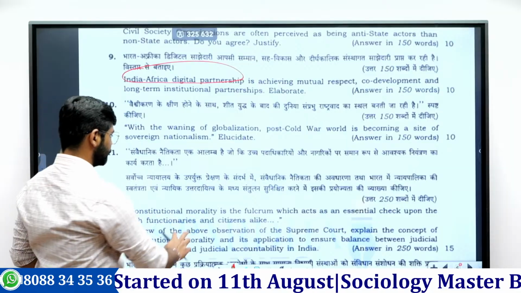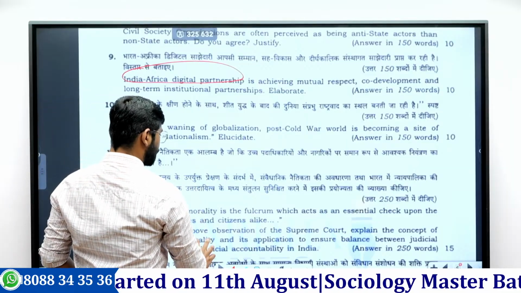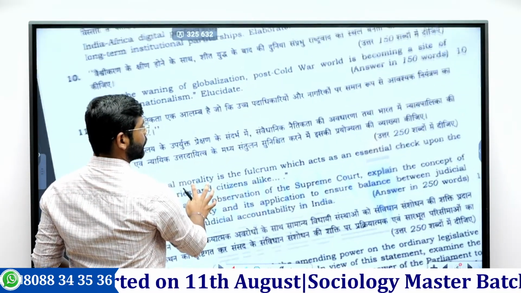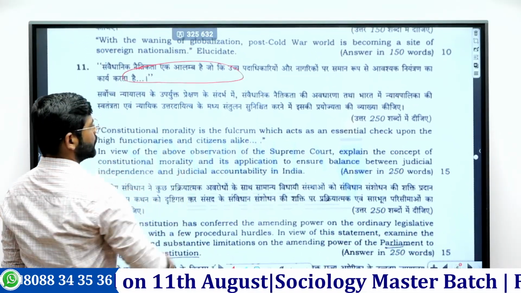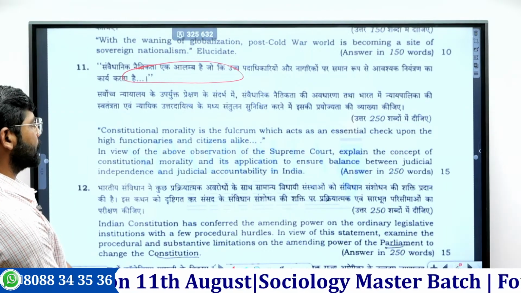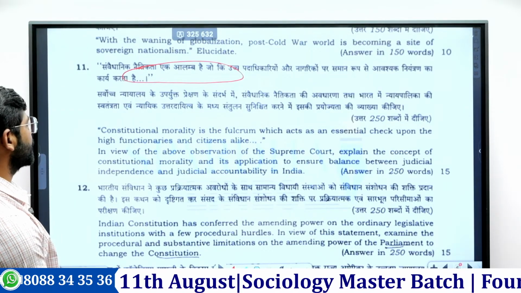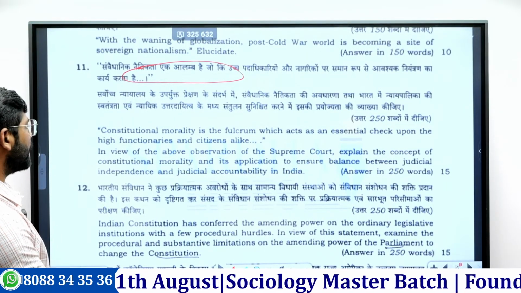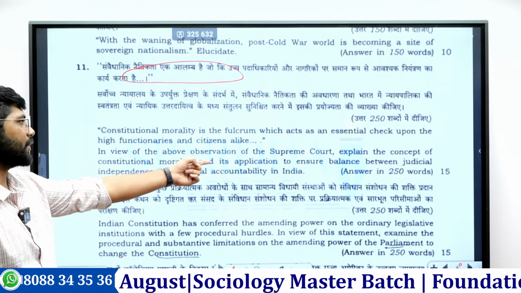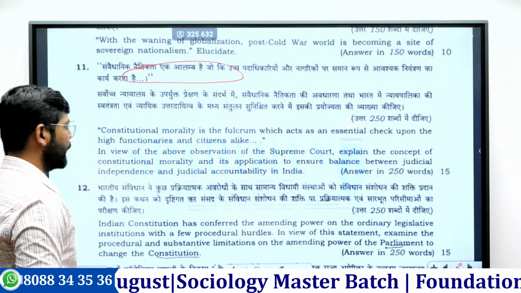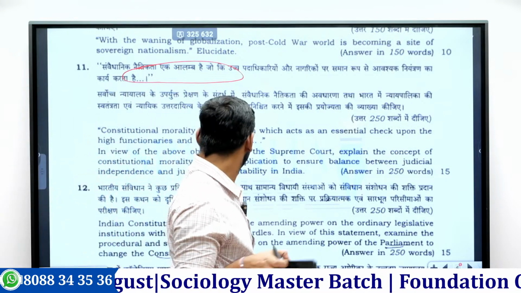Next question is about constitutional morality as a fulcrum, which acts as an essential check upon high functionaries and citizen life. In view of the observations of the Supreme Court, explain the concept of constitutional morality, its application, and how to ensure balance between judicial independence and judicial accountability.